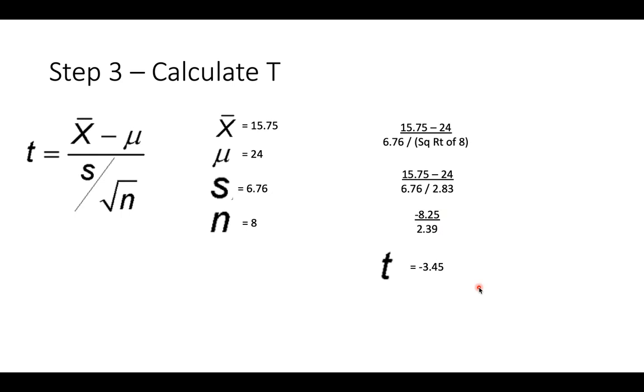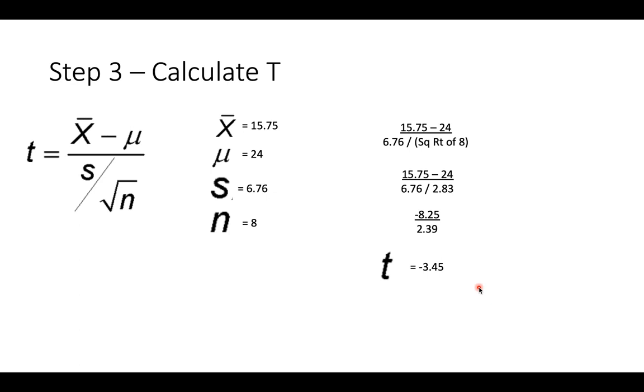Great. Negative 3.45. Is that big? Is that small? What should I conclude from that number? Well, we don't know yet, just like we didn't know with a chi-square. You get a chi-square value, and we need some benchmark for making our decision, right? Are we going to reject or fail to reject the null? Is this result statistically significant?